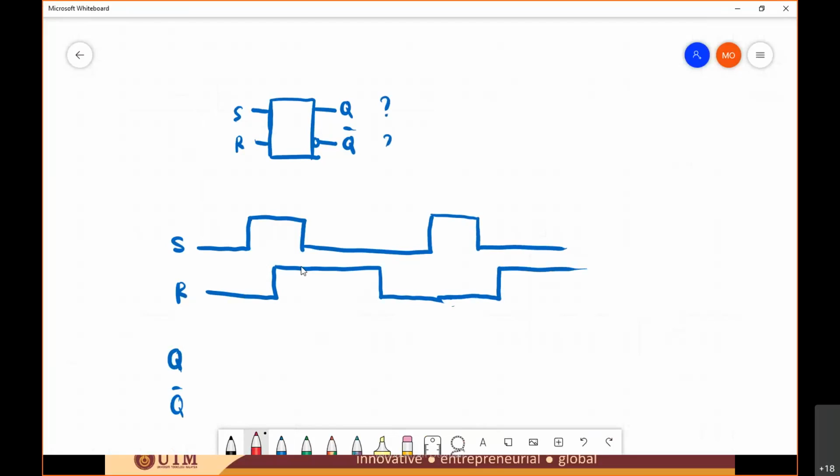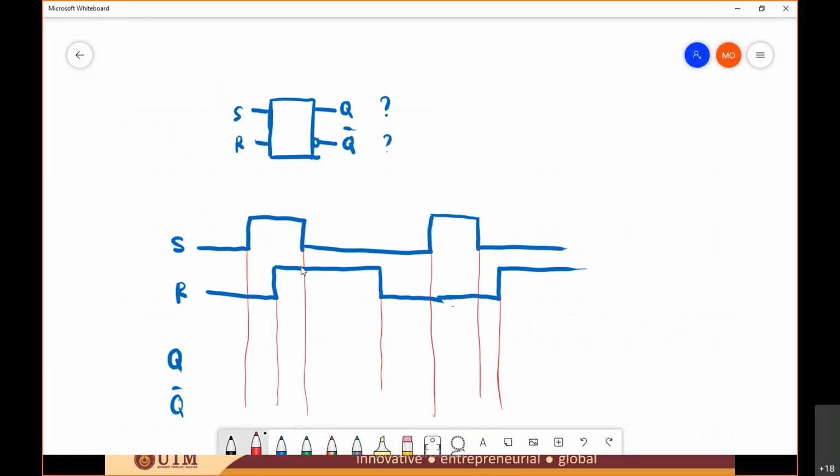For this kind of question, as I said earlier, since this is your input, you first draw a straight line at every edge. Every time you see an edge, you draw a straight line first.